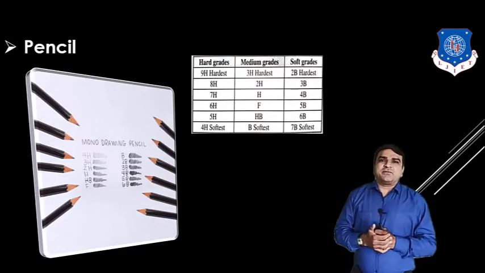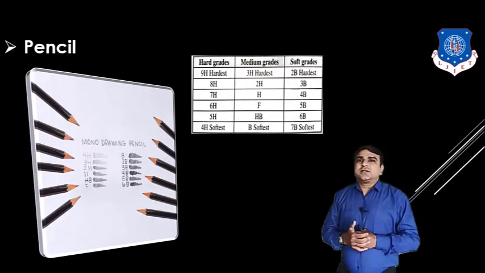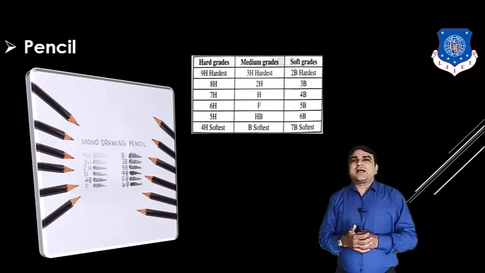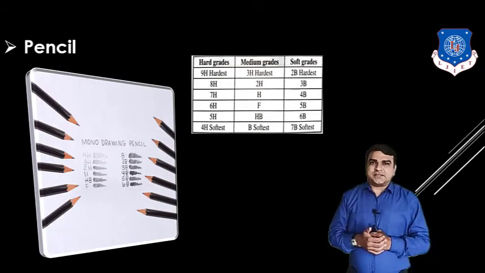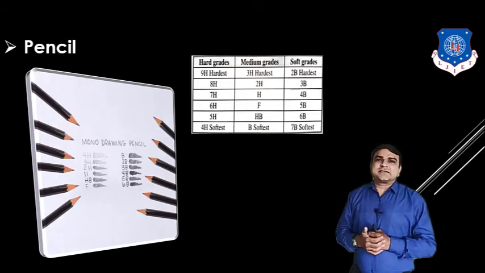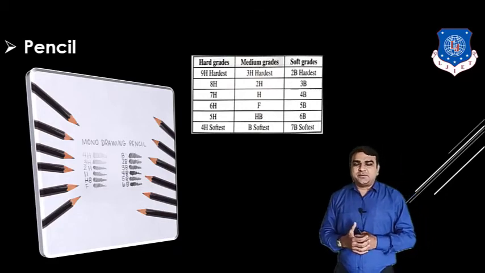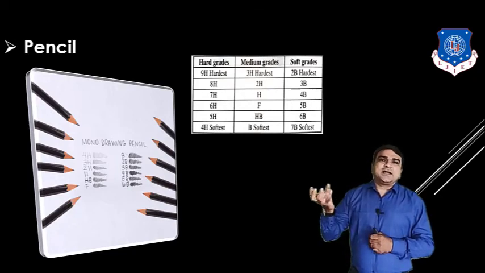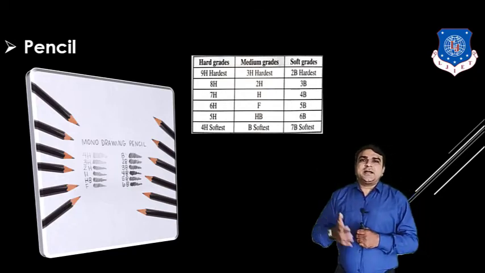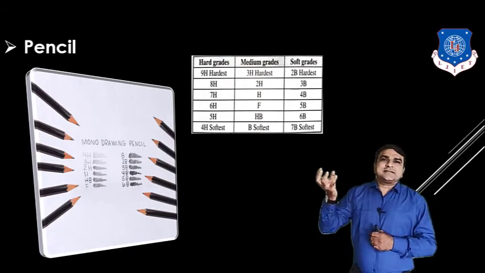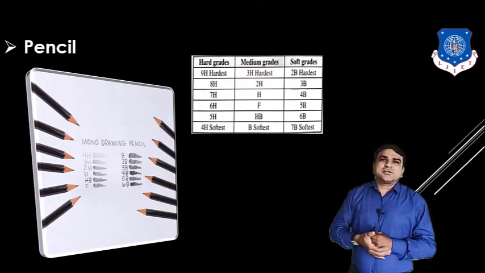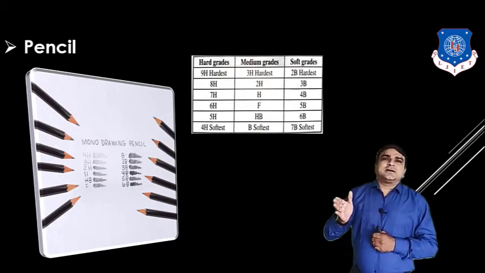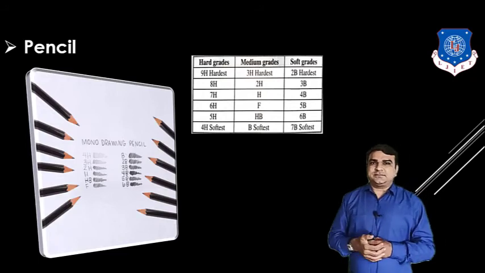Pencil is made of graphite material, and according to the hardness of the graphite, the pencil leads are classified in different grades. H grades indicate the hardness of the graphite. When you increase the hardness of the graphite, you get the H grade pencil. For B grade pencil, the hardness decreases or the softness of the lead increases. So for that material, the grade is B.